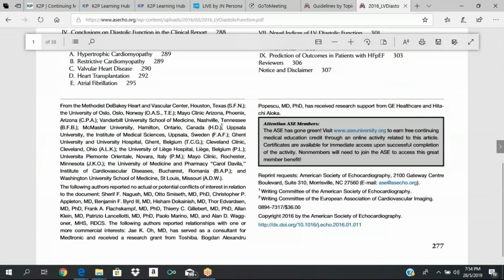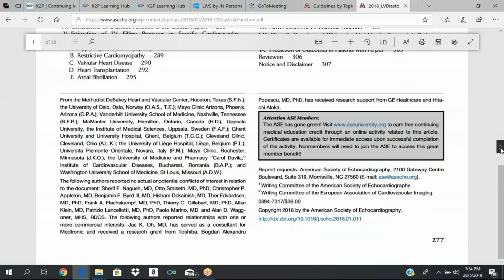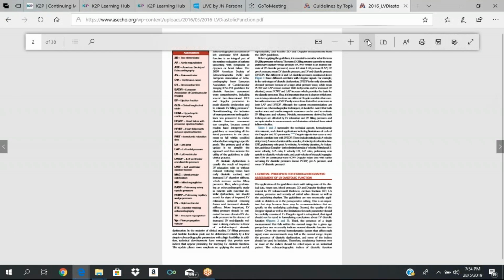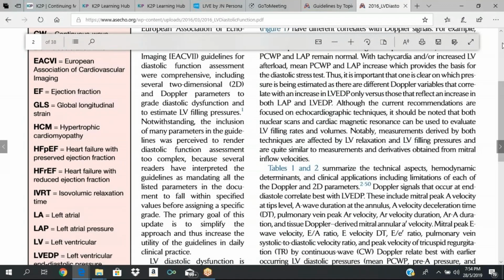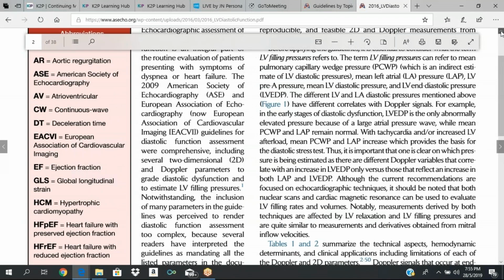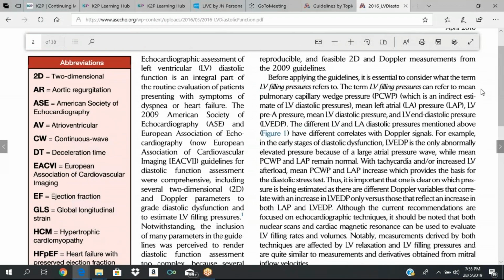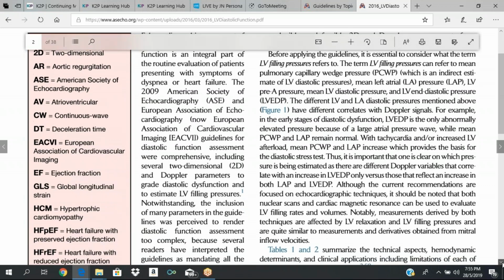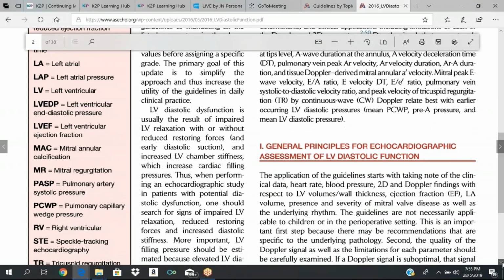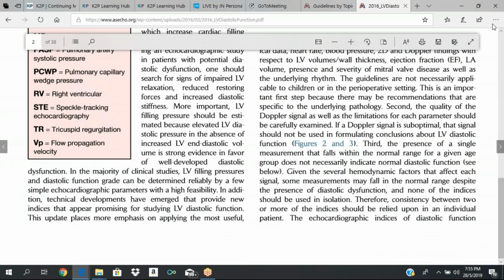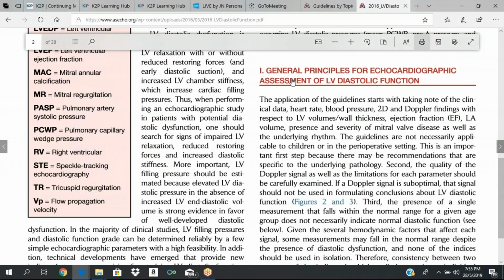Okay, so basically, it's the ASE recommendations and assessments we're going to use, because most other governing bodies use the American Society of Echo. All right, so we're going to start here because I sort of gave you some background information.